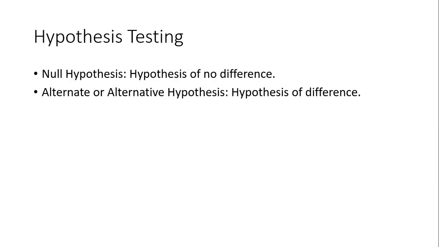And there are two kinds of hypothesis we typically develop. One is called the null hypothesis, and the other one is called the alternate hypothesis. Now, what is this? So, for example, you make an observation that if you continue to heat a block of rock, its temperature rises. Okay.